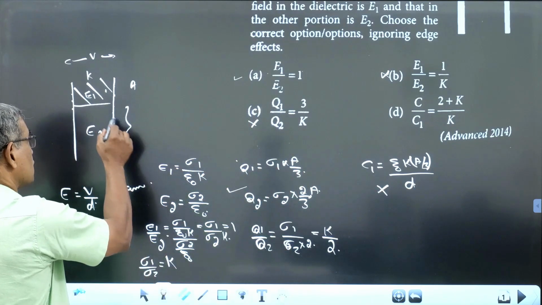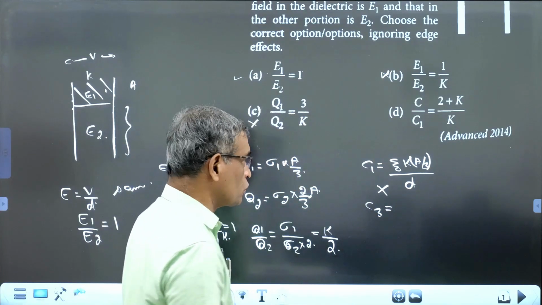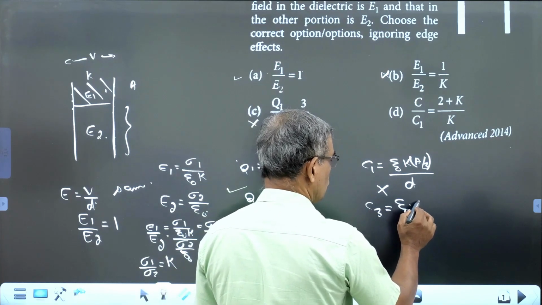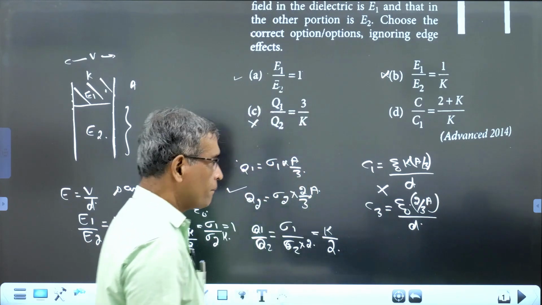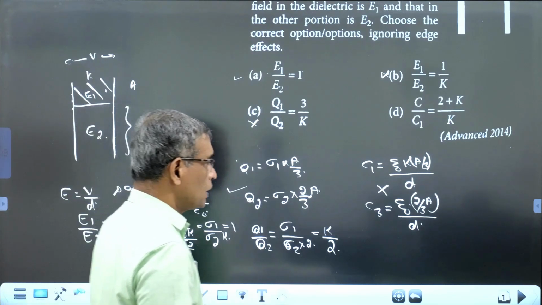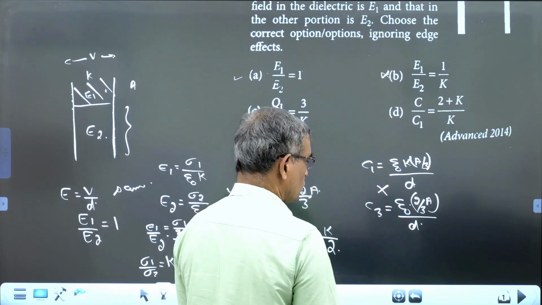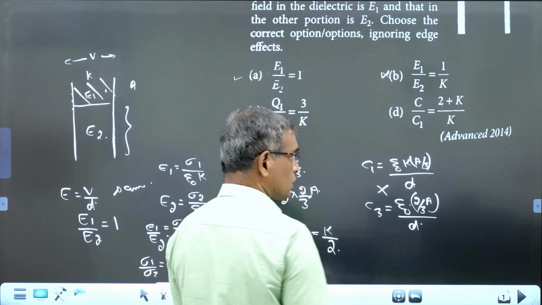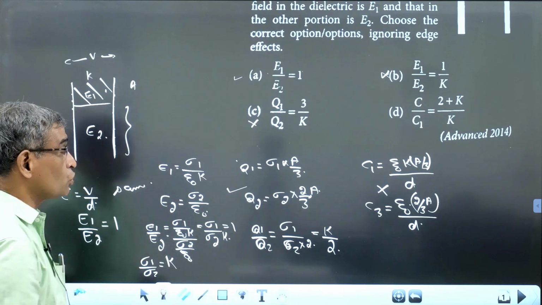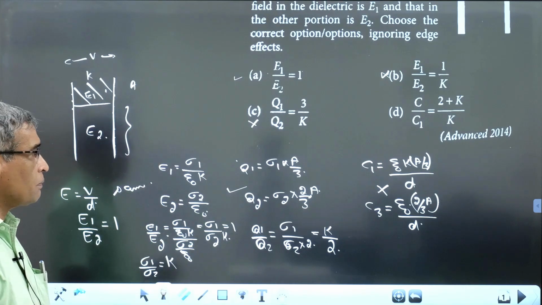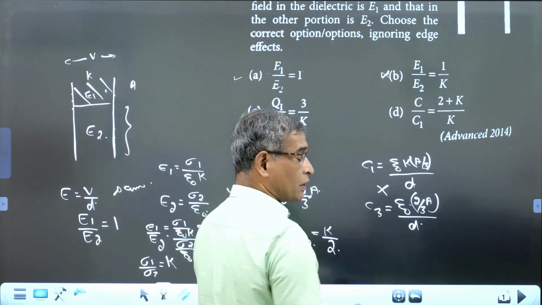And what is C3? The capacity of this part. C3 is an air-filled capacitor, equal to epsilon 0 into 2 by 3 A by D. Now we can represent C3 in terms of C1.